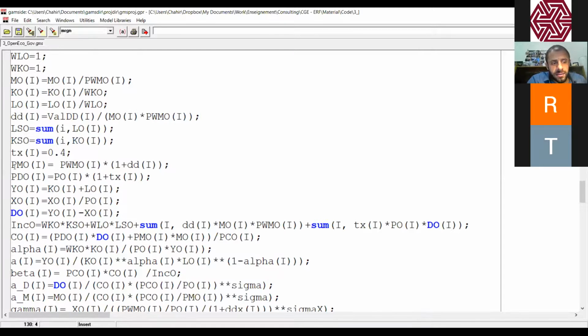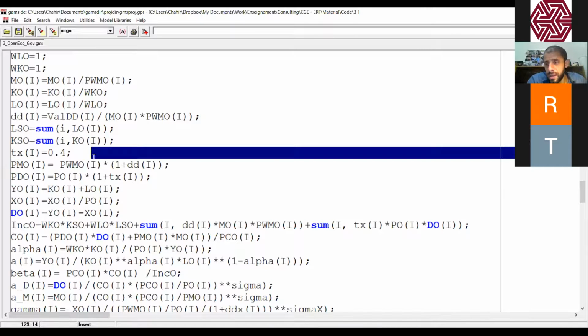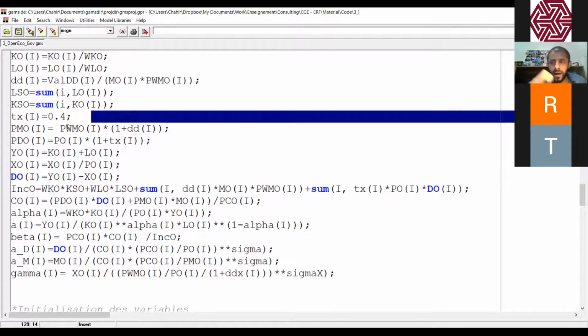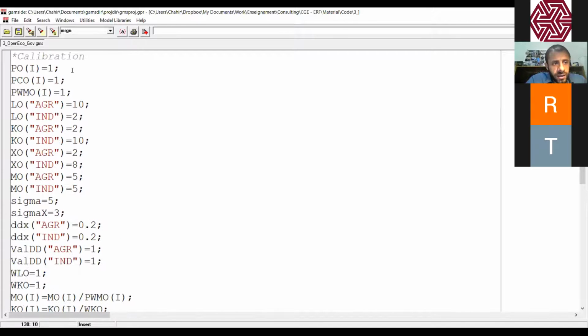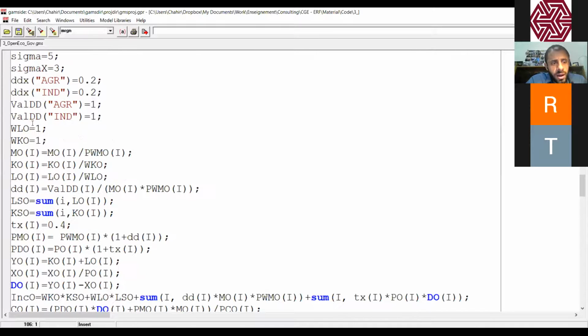Then we calculate the price of imports with the same function that we had above, but based on the data of the base year. And again, given the fact that I already determined the value of world prices that are here equal to 1, I calculated the DD from this formula. Then I can calculate here the price of imports.